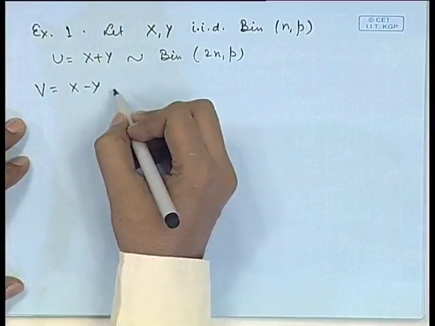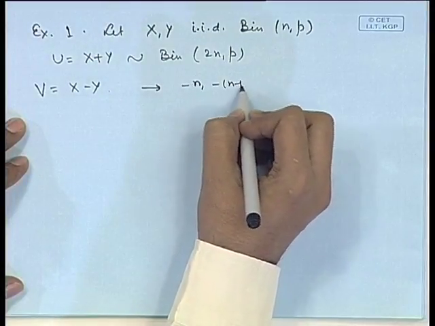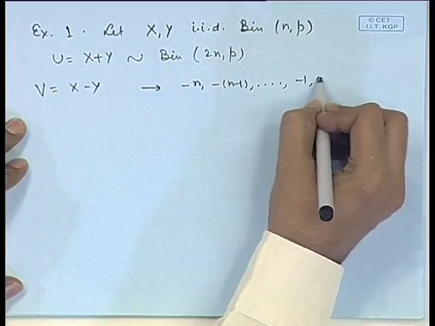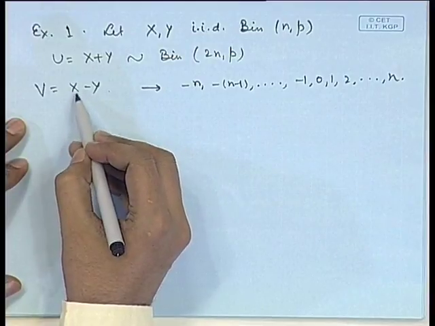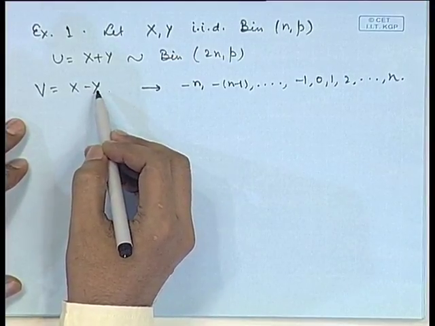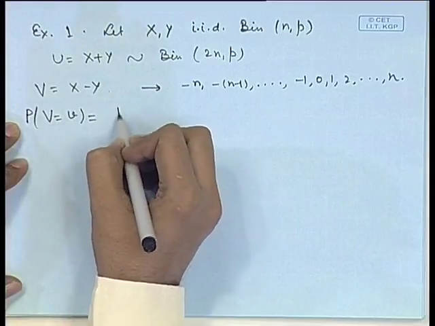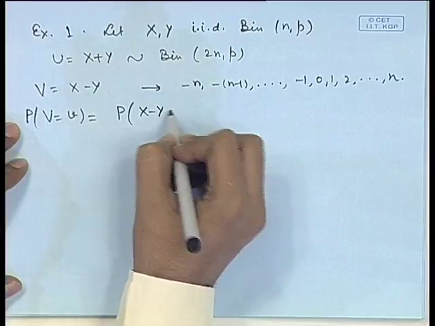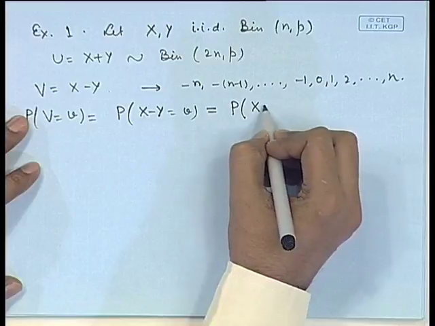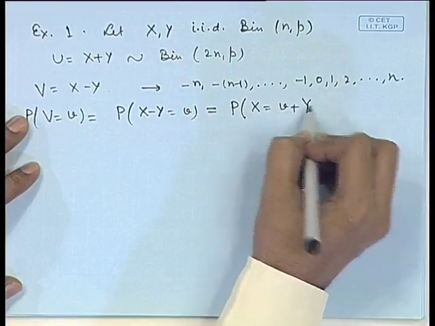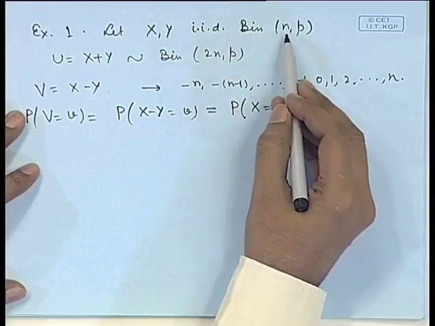then let us look at the set of values of V. This will vary from -n, ..., -1, 0, 1, 2, up to n, because each of X and Y can take values 0, 1 to n. So, the probability of V = v, that is the probability of X - Y = v, we can write as X = v + Y. Now, Y can take values using a binomial(n, p) distribution.